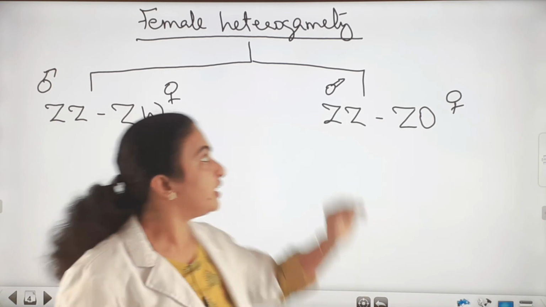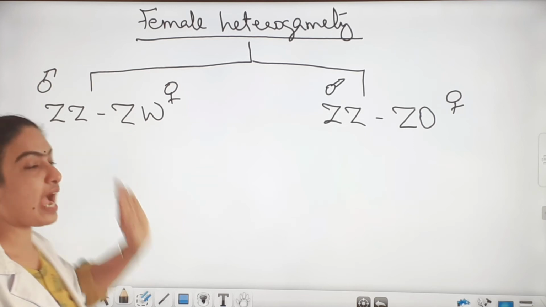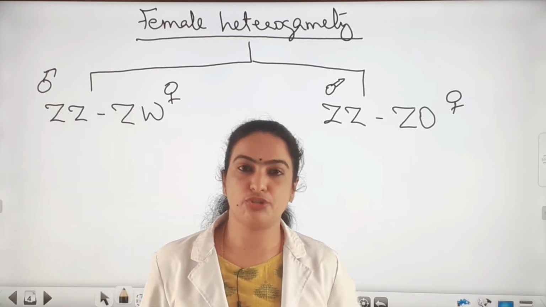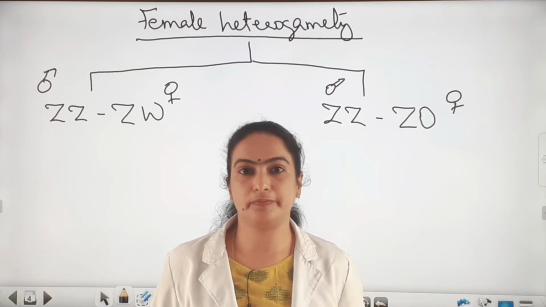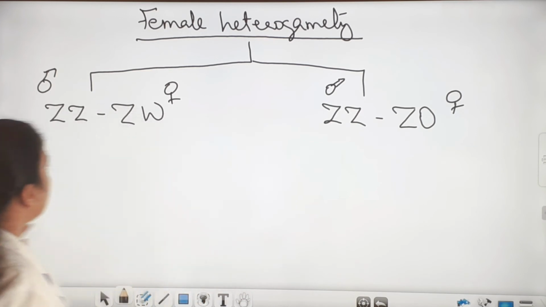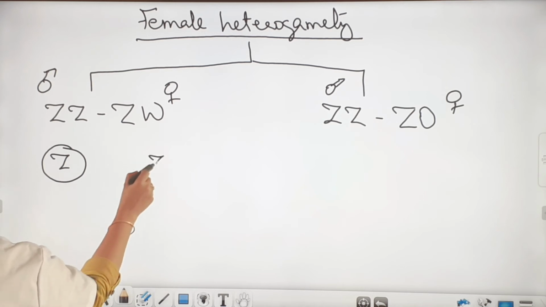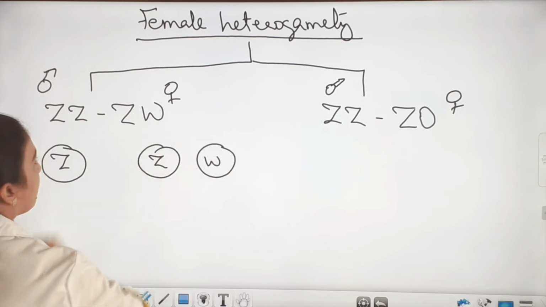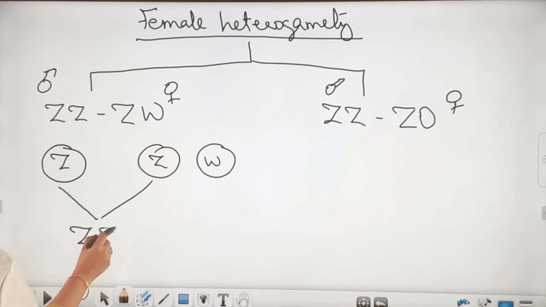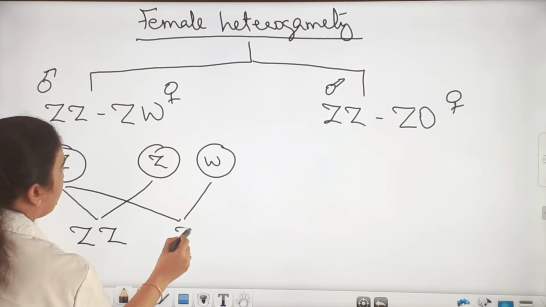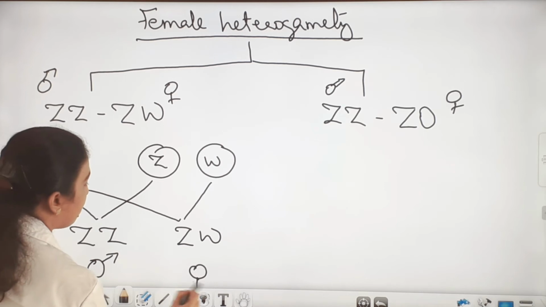Is it clear? So here we are considering the female heterogamety. So the female must have heterogametes. So the homozygous or homogamete is carried by the male. Is it clear? Now we can see what are the possibilities. So here two types of gametes are produced by the female, and when we cross ZW, this is male and this is female.